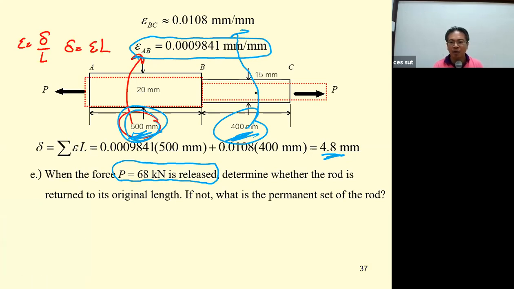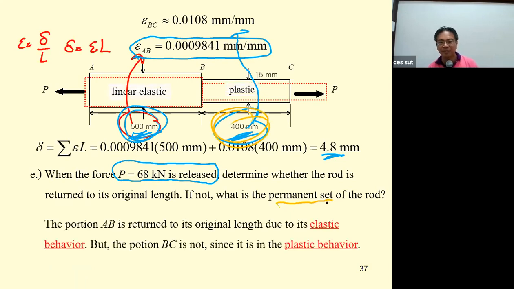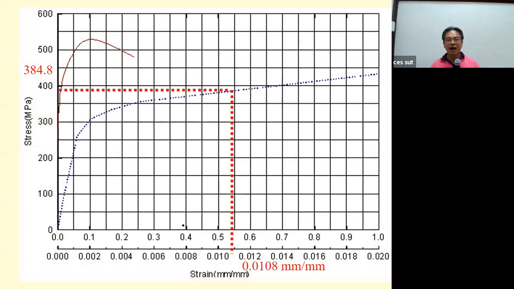Only BC is going to have the permanent set. And when it recovers, as in strain hardening, it will recover in parallel to the first portion of this. That is going to be in parallel.